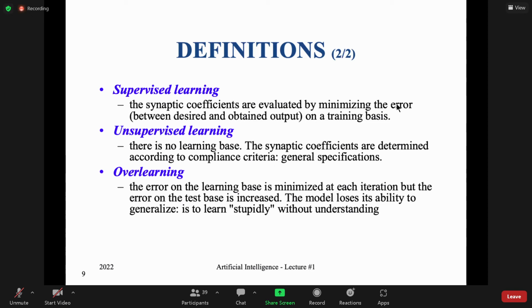Another definition, which is also very important. In fact, we have two kinds of learning: supervised learning and unsupervised learning. Generally, and that is what I will use with you, is supervised learning.